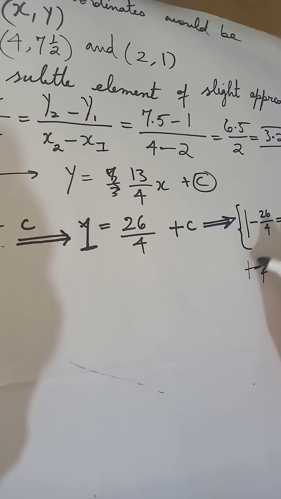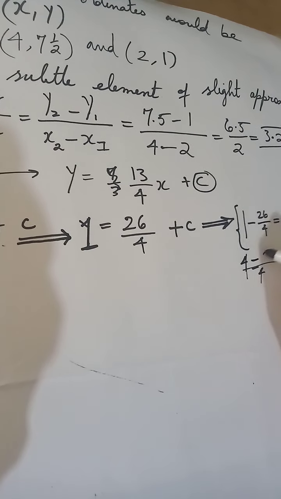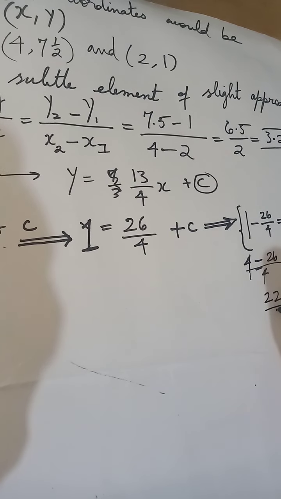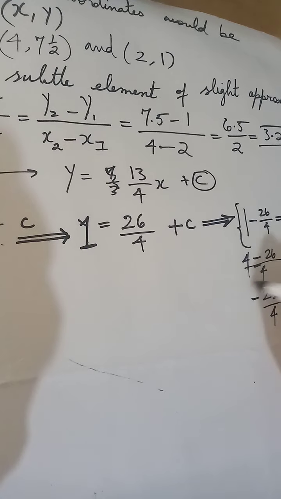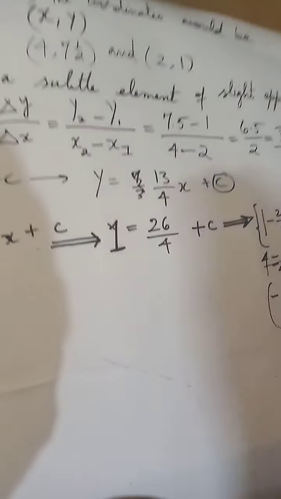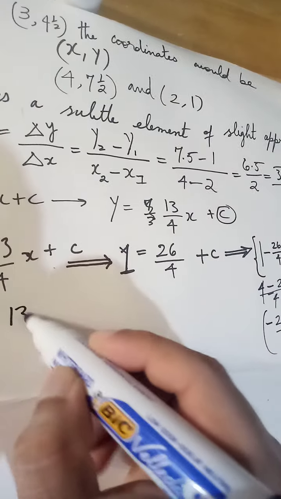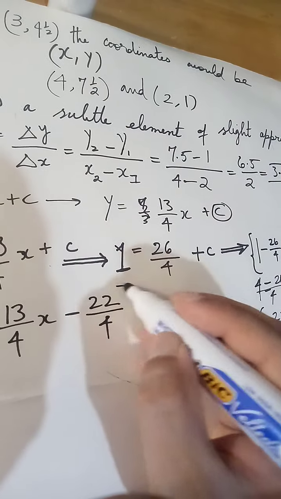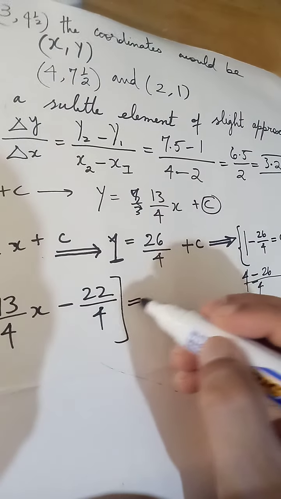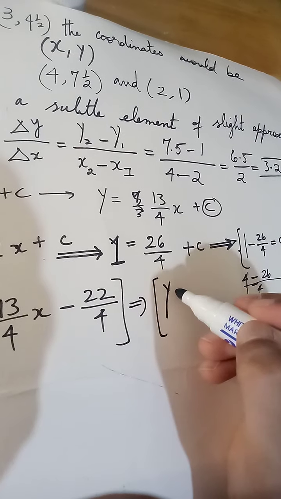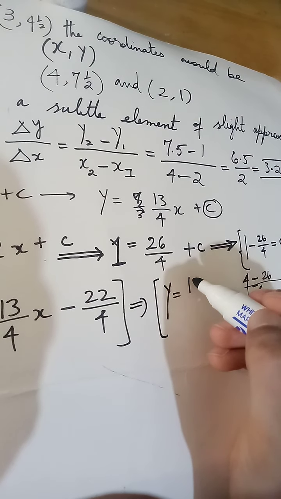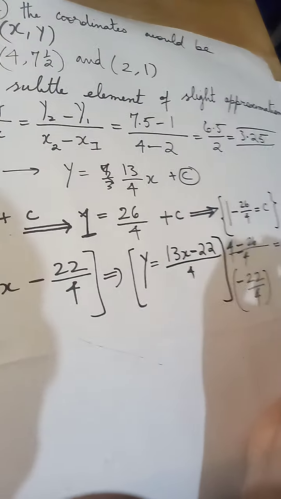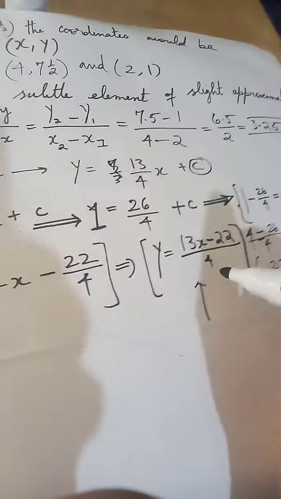We could do a common denominator: 4 minus 26 is minus 22 over 4. So c would be minus 22 over 4. Okay, so we could just do that.